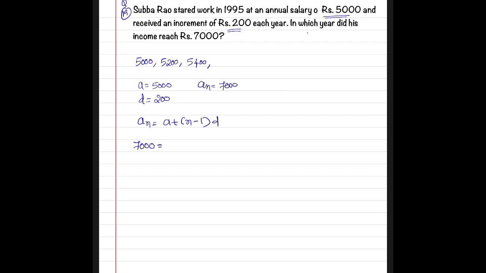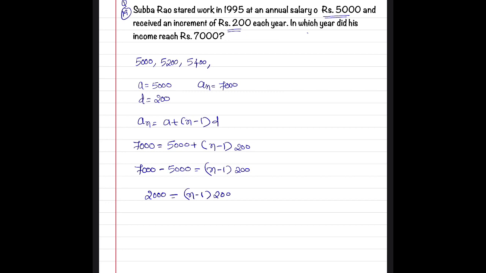What is the first term? The first term is 5,000 plus, we have to calculate the value of n, D the common difference is 200. So 7,000 minus 5,000 equals n minus 1 into 200. So 7 minus 5 is 2,000, equals n minus 1 into 200.